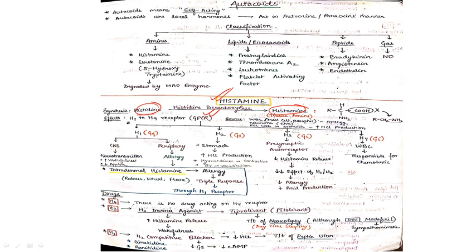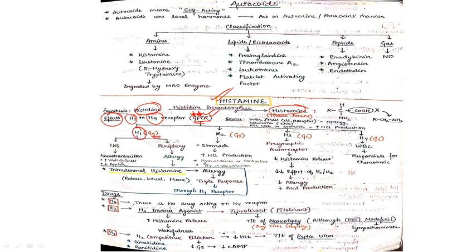Now coming to the receptors, which are the most important part of this topic. We will discuss the receptor functions, by which mechanism they function, and what are the effects on our body when these receptors are activated. So we will study four receptors, H1 to H4. There are four receptors and all are GPCR, mind it, all four receptors are GPCR.